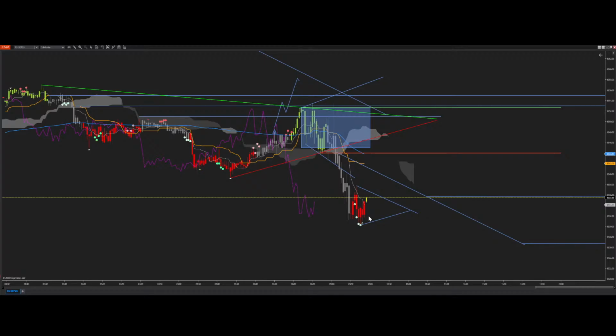It does have our reversal signal firing from our algo. Just need to get a little wind behind it.